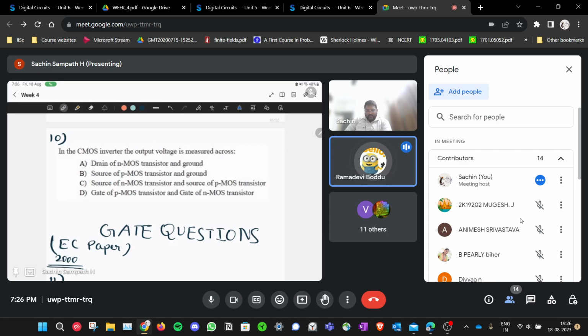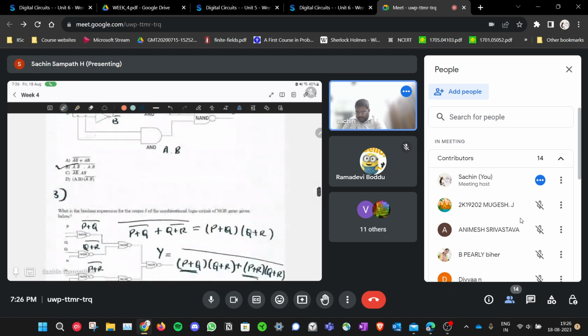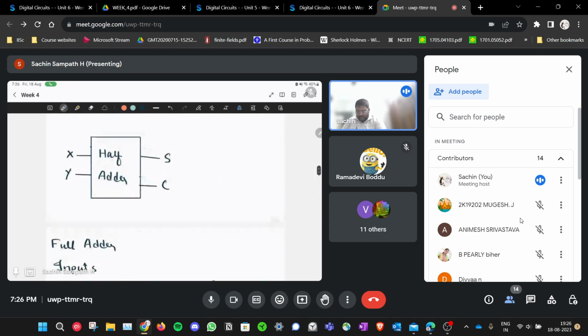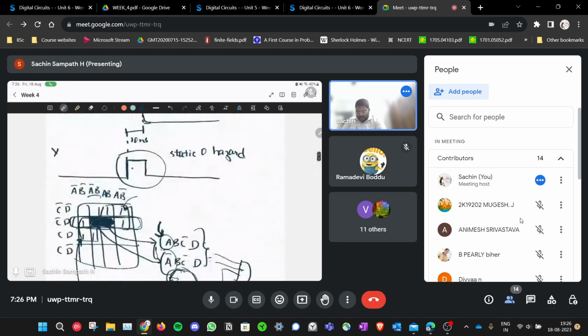Source? Okay, anybody else? Any other answers? You can go back to the circuit. Of course, in the exam, you won't have the circuit with you, so you should remember it.